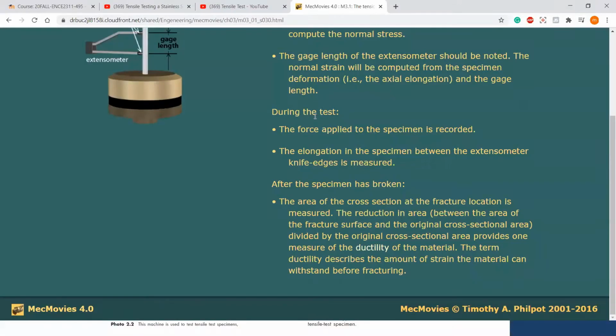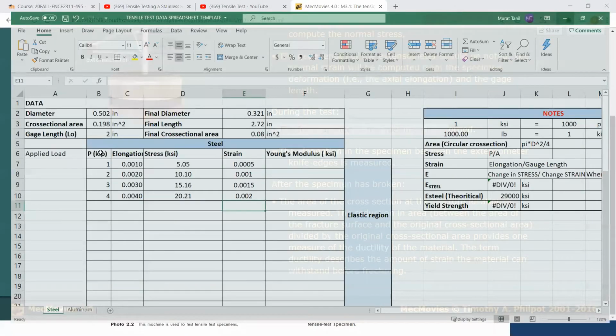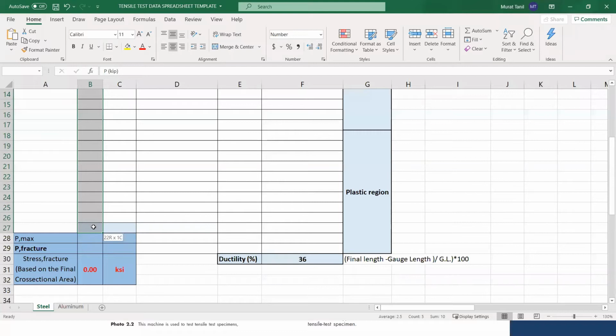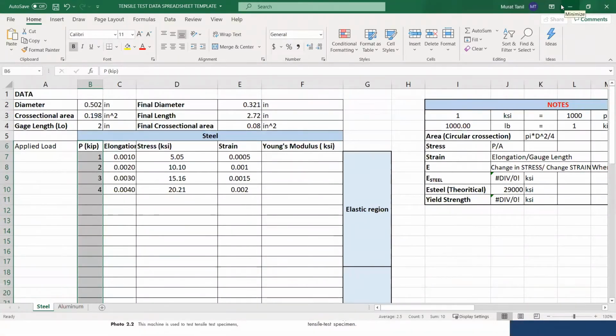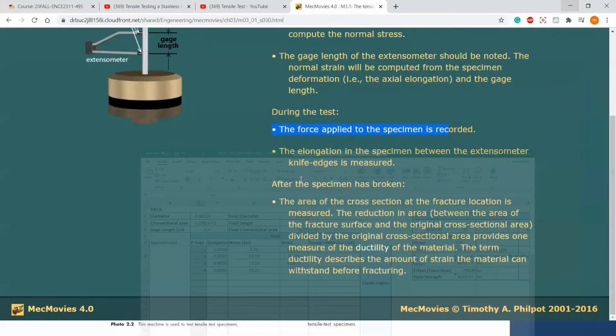During the test, the force applied to the specimen is recorded, and you have seen it on the spreadsheet. The load applied by the machine to the specimen is being recorded up to the failure. You're going to start from 0 to the failure. And then the elongation in the specimen between the extensometer and knife edges is measured.